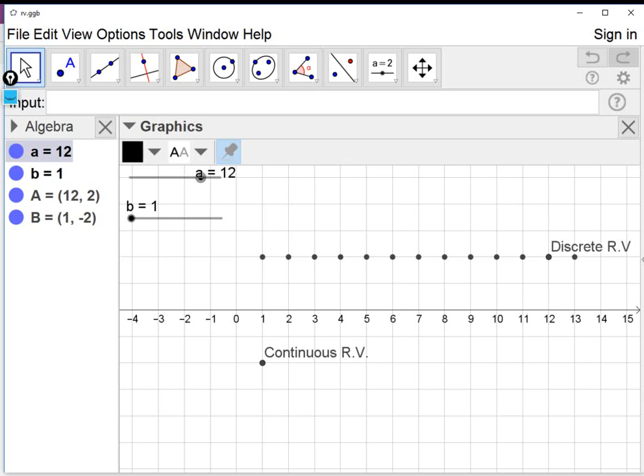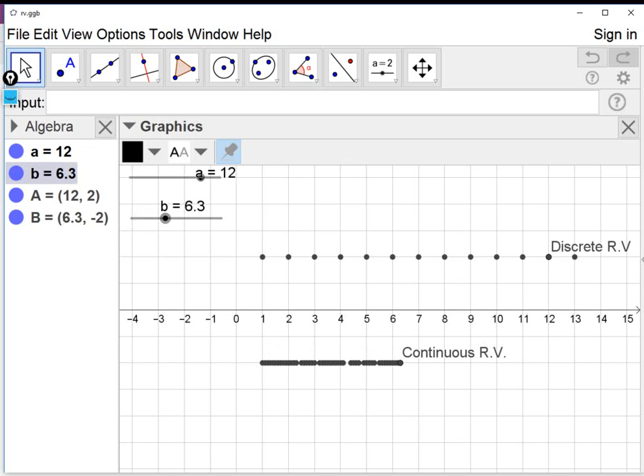Continuous means that my data can take on any value between two endpoints. If I look at the discrete random variable between 1 and 10, I can only take on the values of 1, 2, 3, 4, 5, 6, 7, 8, 9, 10. There's a finite amount of it. If I think about all the values that my continuous random variable can take on between 1 and 10, there are a lot more, right? Does that make sense?